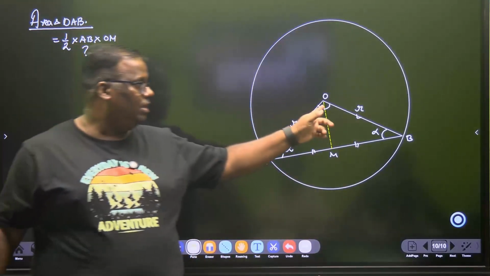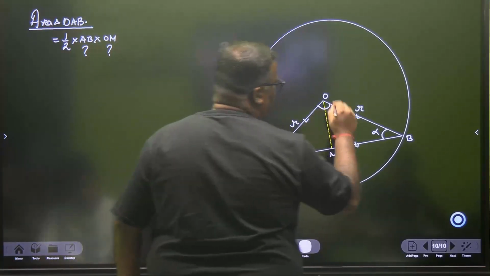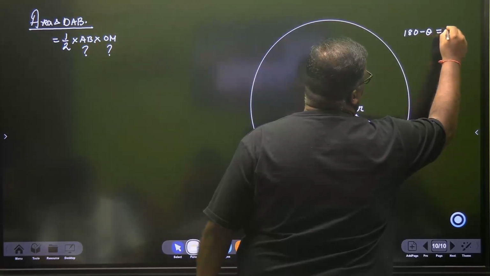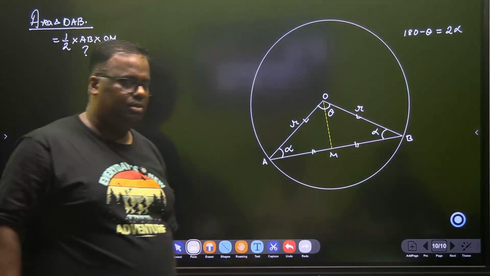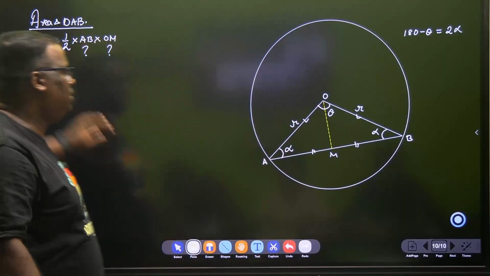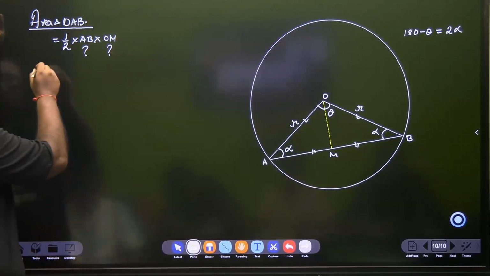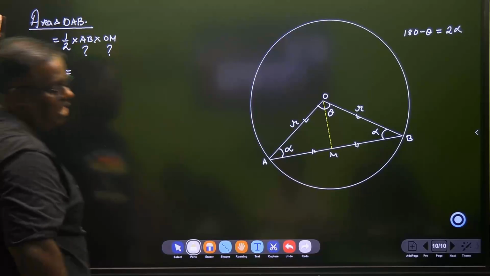You will be given this particular angle. This angle is, let's say, theta. So you know 180 minus theta is always equal to 2 alpha. Clear? Since we have got alpha, our job is to find AB and this. So first what we do, we take cos of alpha in any one of the triangles.